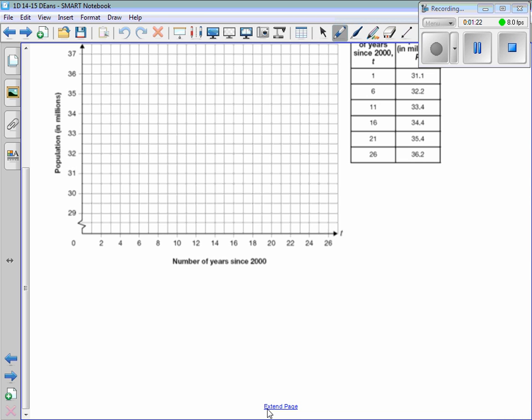So let's see, we got 131.1, so that's something like that. It doesn't have to be incredibly accurate here. I'm going to use green for my points here. 11, 33.3. 33.4 it should be. 16, 34.4, 21, 35.4.